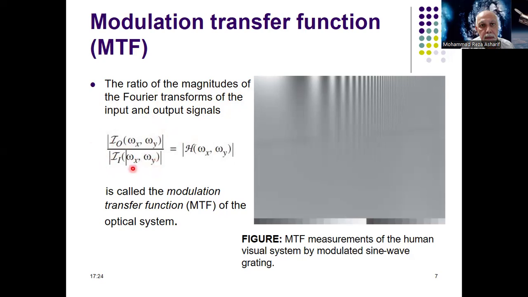For instance, this is the response of the eye: the output is the sense, and the input is the input of this. So the Fourier transform ratio between output and input, we call it the impulse response, or anyway, the response of the eye to different spatial frequencies omega x and omega y.